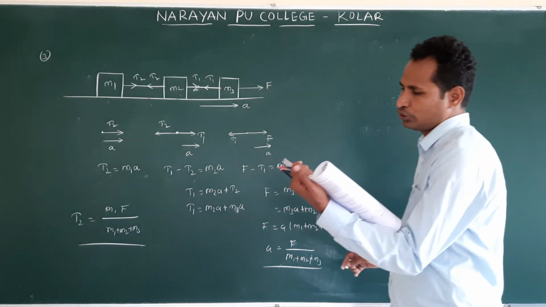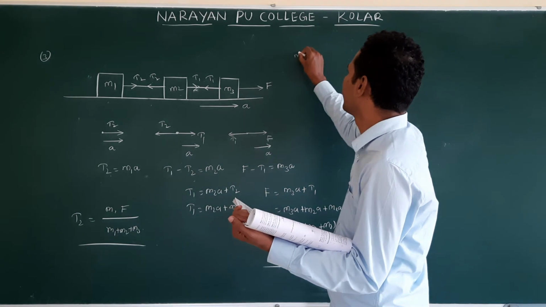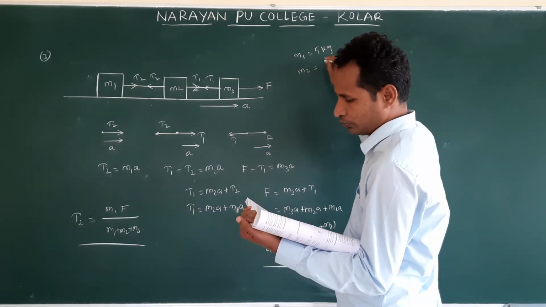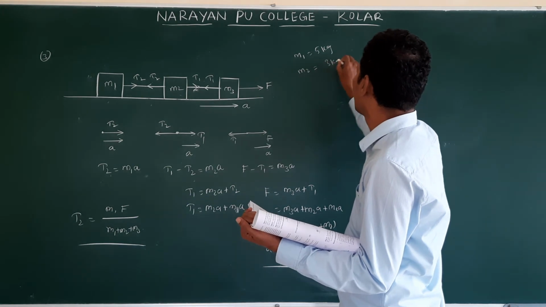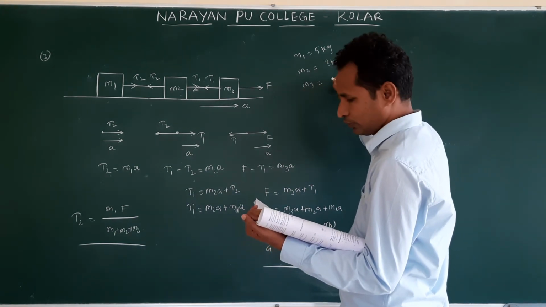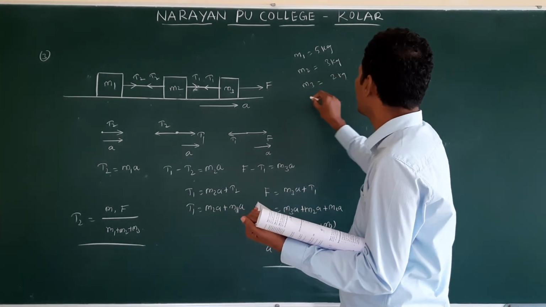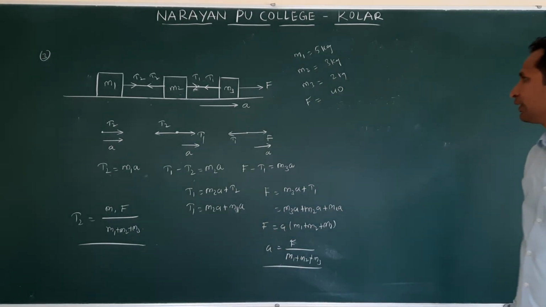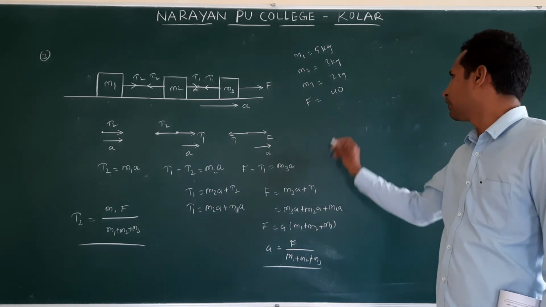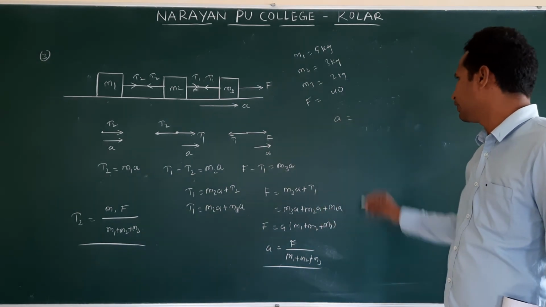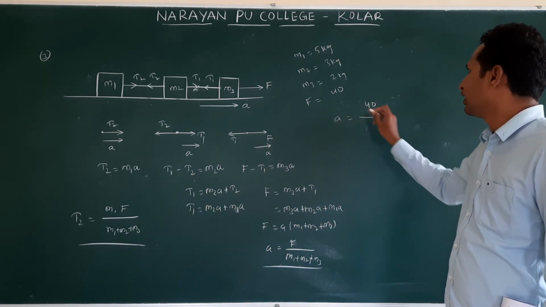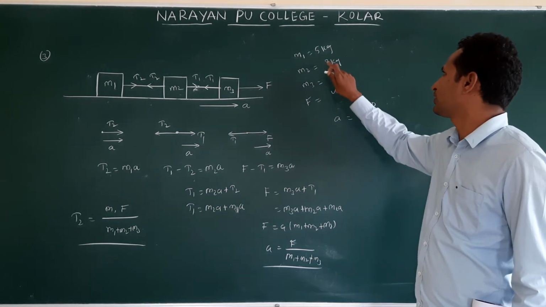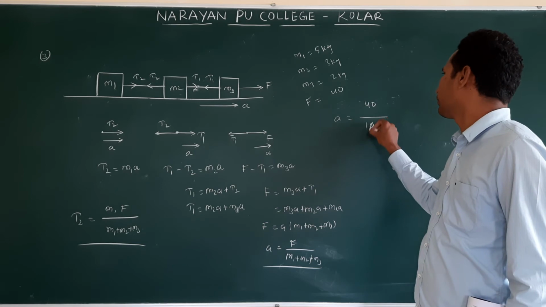Now according to our question, M1 is 5 kg. What is M2? 3 kg. What is M3? 2 kg. What is the force? 40. Then A will become, according to our equation, 40 by M1 plus M2 plus M3, right? 2 plus 3 is 5, 5 plus 5 is 10.